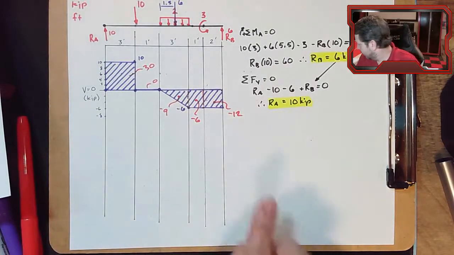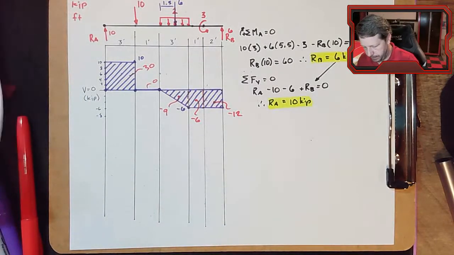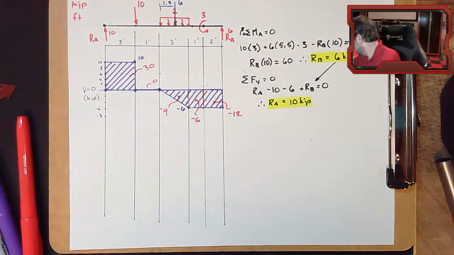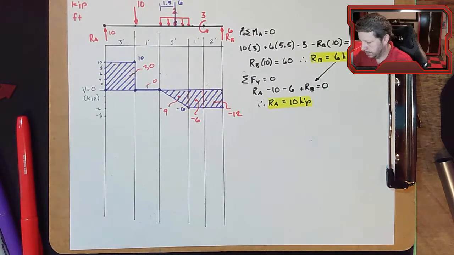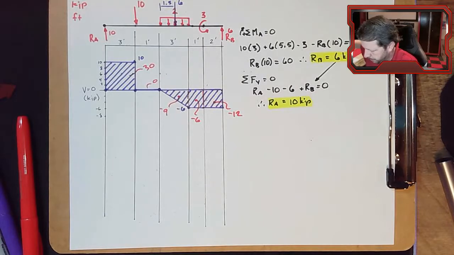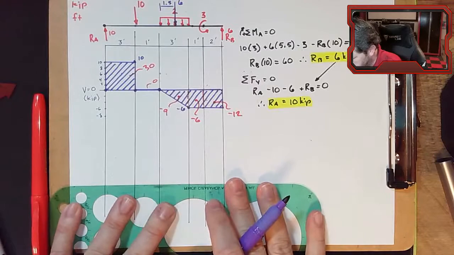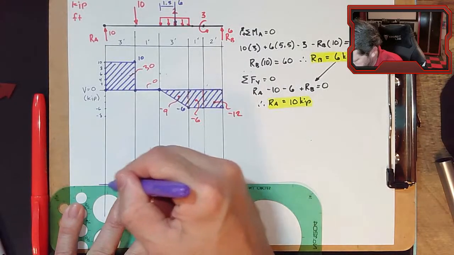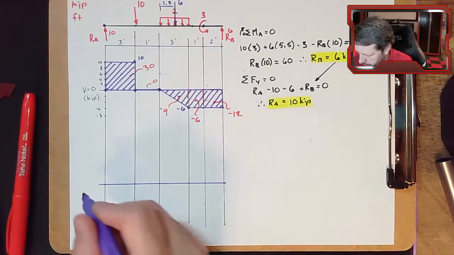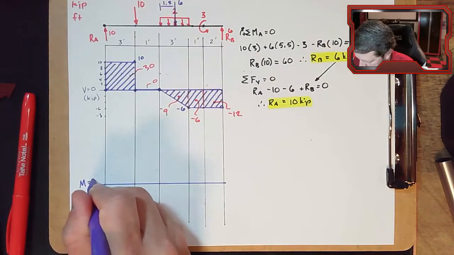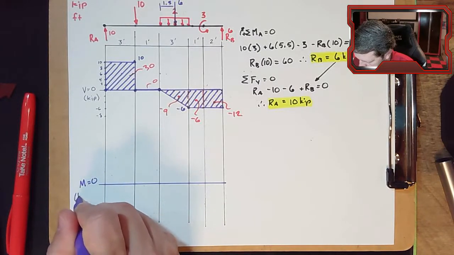We need a horizontal line. Let's see if I can find my ruler. Well, just use this. I don't know where I put it. Somewhere down here. This will be our M equals 0. Our units are kip feet.